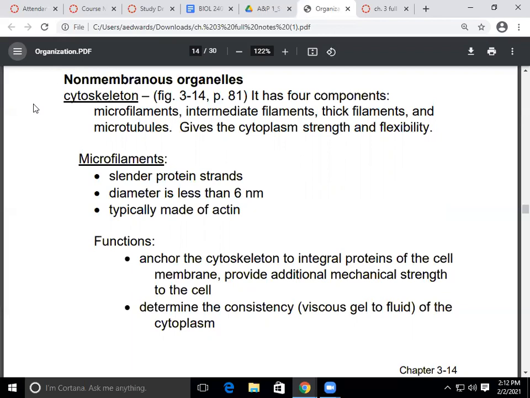We'll start with the smallest ones, the microfilaments. These are slender strands made of protein. Their diameter is less than 6 nanometers. Remember, a nanometer is 10 to the minus 9th meters, so pretty small. They are made of a protein called actin.